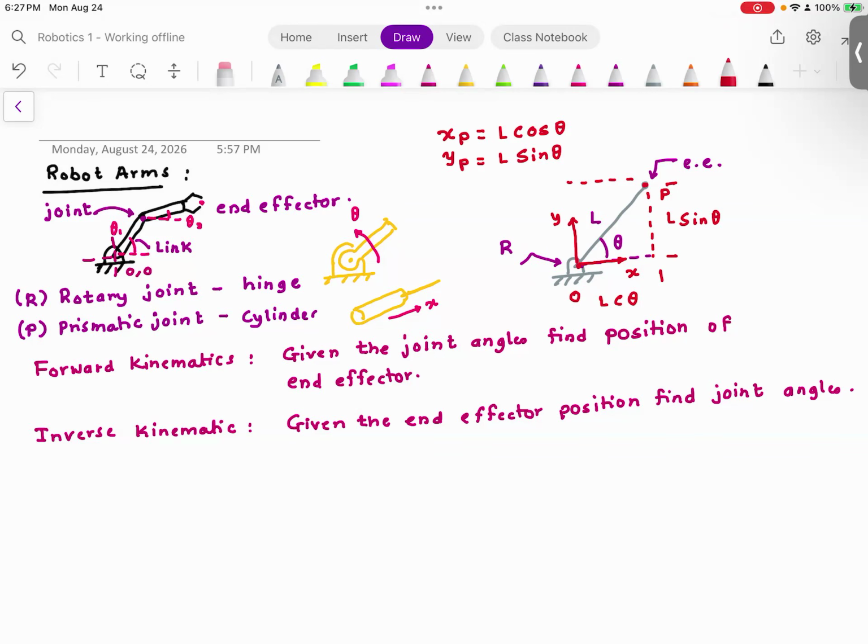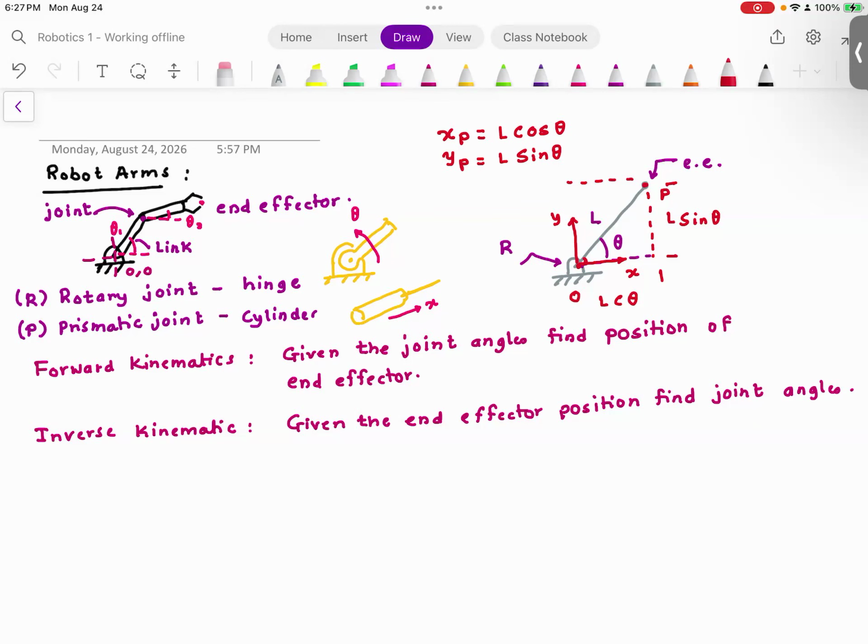So imagine if you have a motor here, and that motor would move the link from position 0 to 35 degrees, 45 degrees, all the way to 90 degrees. So I can substitute the value of theta and get the value of XP and YP.